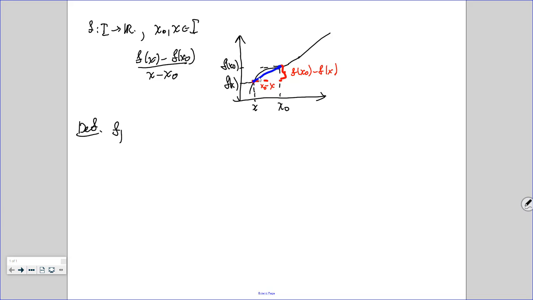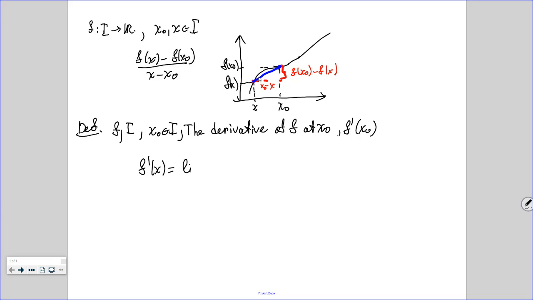Suppose we have f which is defined on interval I, and let x0 be in I. The derivative of f at x0, which we denote by f prime of x0, is defined as follows. It's the limit as x goes to x0 of the quotient (f(x) minus f(x0)) over (x minus x0), provided that this limit exists.